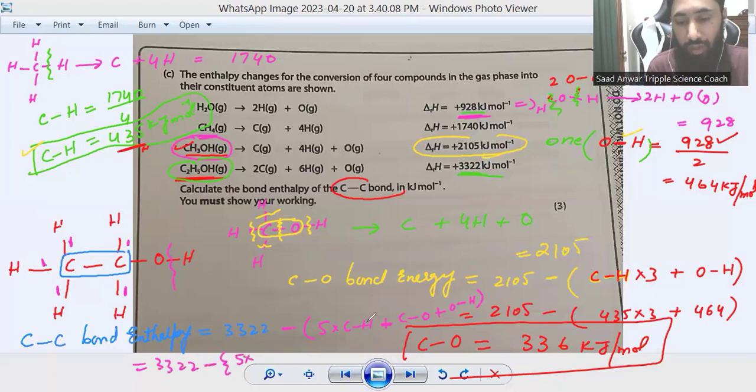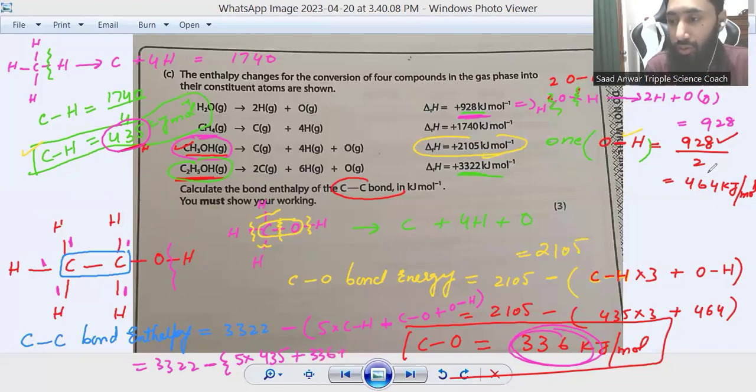So 5 times the carbon-hydrogen bond, which is 435, getting from here. The carbon-oxygen bond you just got from here, 336.